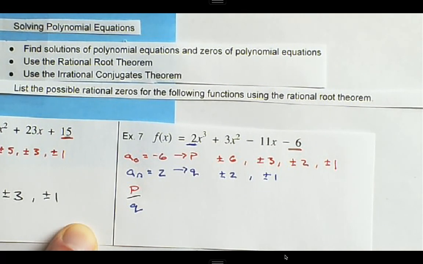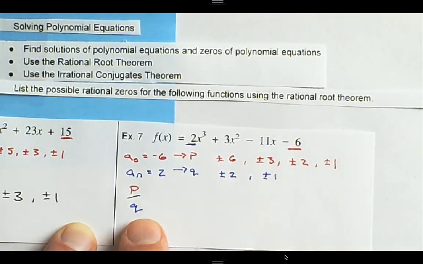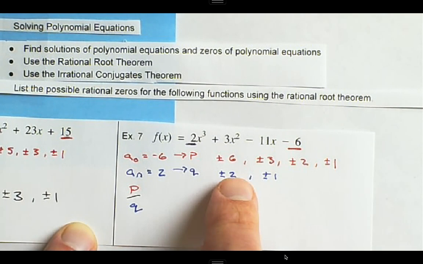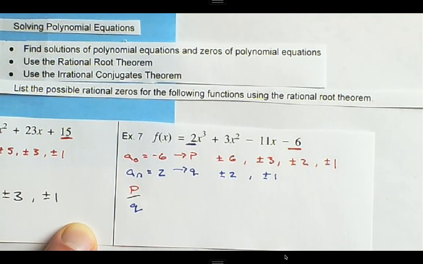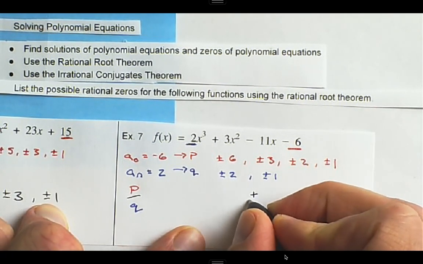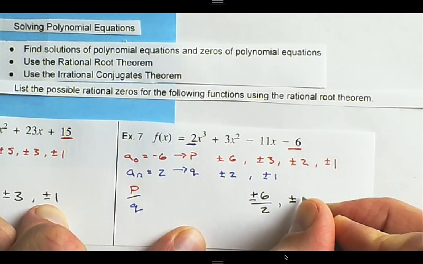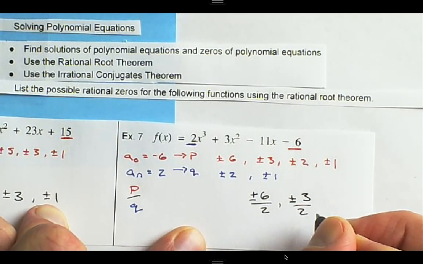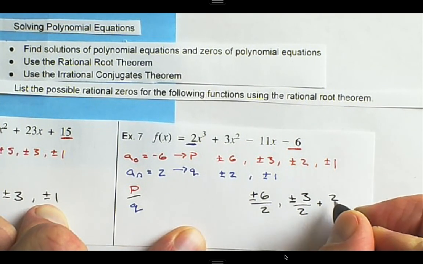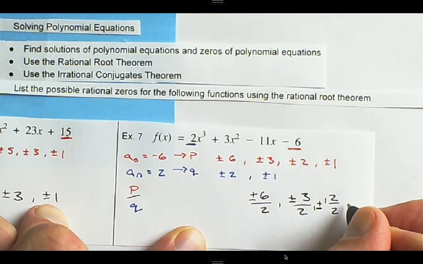So for this one, we have two different factors for our denominator, so we actually have to do our example twice. So plus or minus 6 divided by 2, plus or minus 3 divided by 2, plus or minus 2 divided by 2, and plus or minus 1 divided by 2.